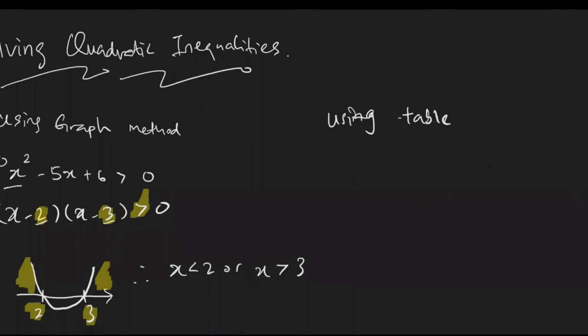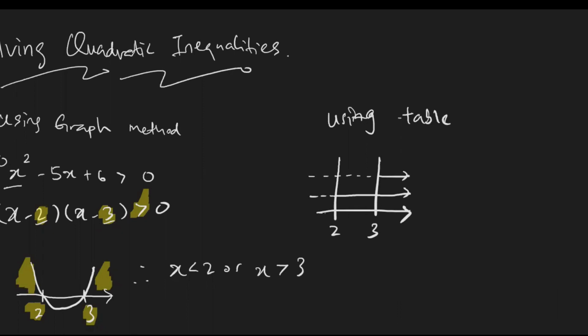Now I'm going to use the same question and solve it using the table form. You just draw it in this form, and the same thing, the 2 and the 3 go here. This one comes out from the 2 and the rest are negative. Where you see the dotted line, it's negative.